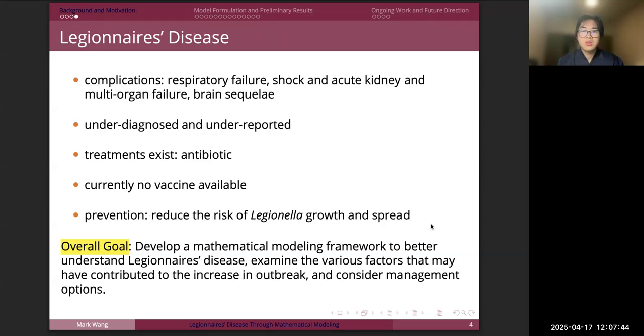Our goal is to better understand Legionnaires' using math modeling. We want to continue to build up our model, make it more robust, and also incorporate other factors that might relate to Legionnaires'. As we continue to learn more about the disease and get more data on it, we can hopefully make some improvements to our model.